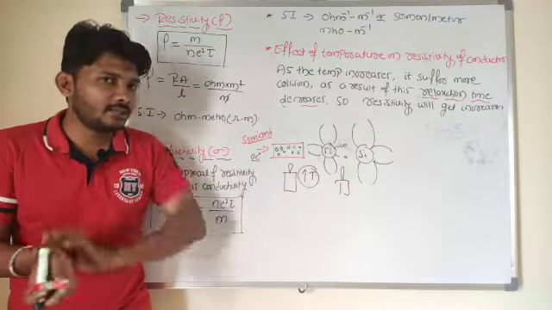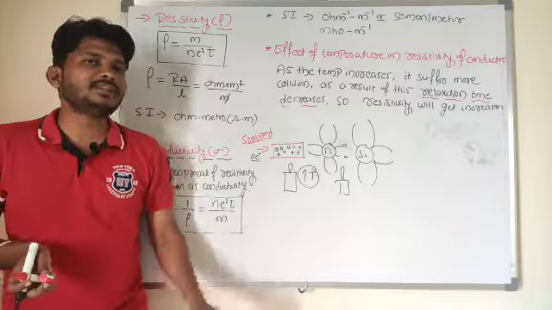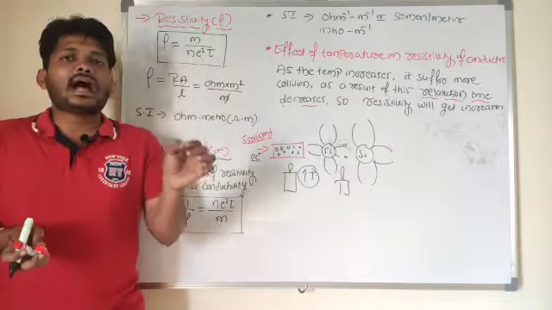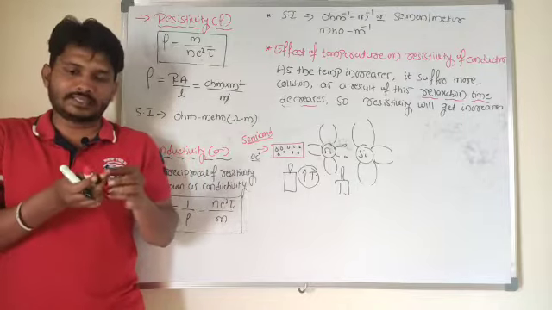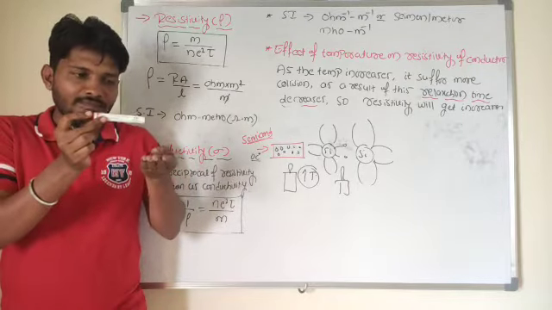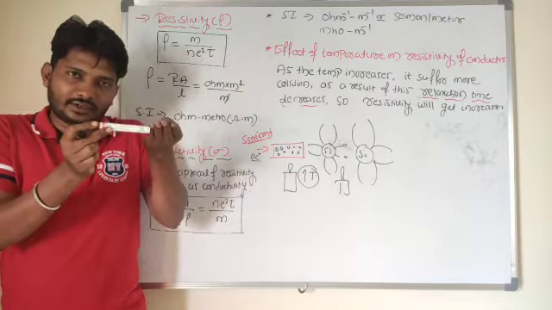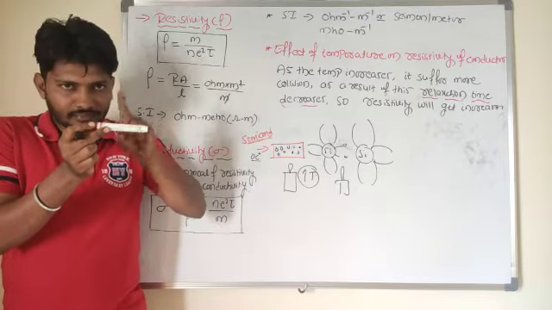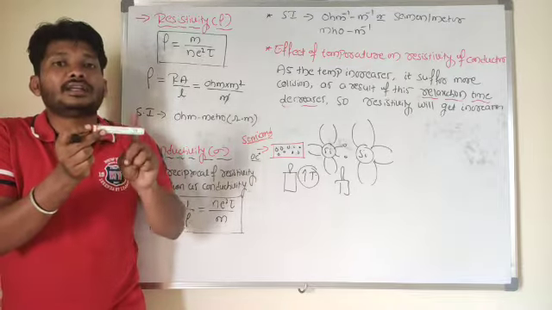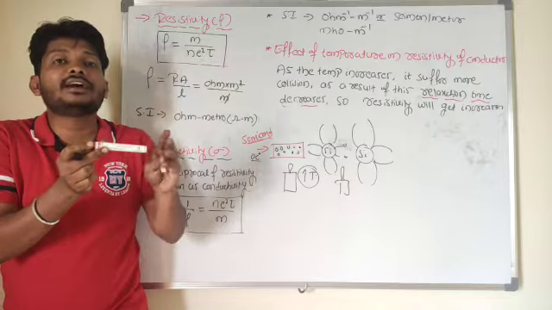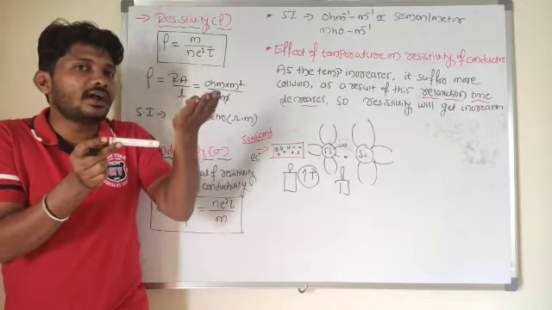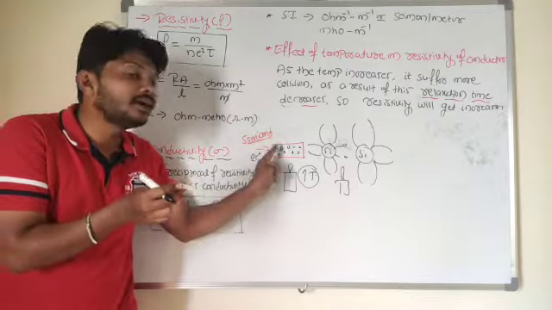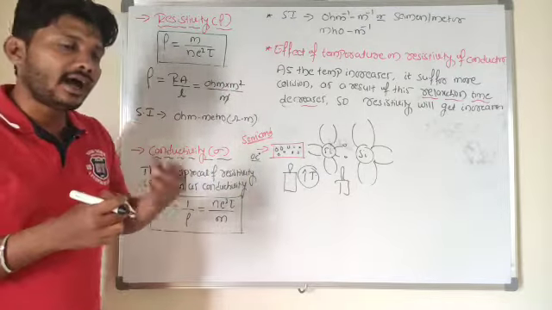Now consider the temperature of the semiconductor increasing. For example, this is one semiconducting material, and I am increasing its temperature. Then the resistivity of the semiconductor decreases. Why? Because its conductivity increases because of the free electrons at high temperature.